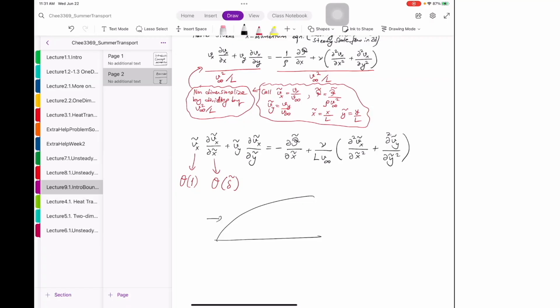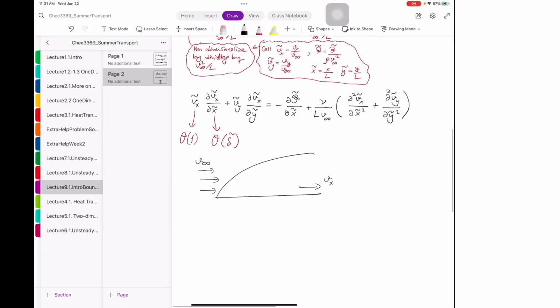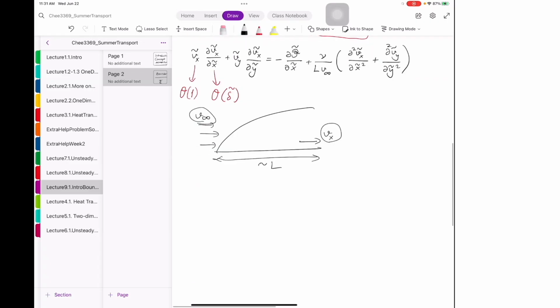And imagine that this is your V infinity, and it takes the value of Vx after a distance of L. So V infinity to Vx, and the x changes in the order of L. So basically, del Vx over del x will be in the order of V infinity, because this becomes almost 0. So you get something like V infinity divided by L.